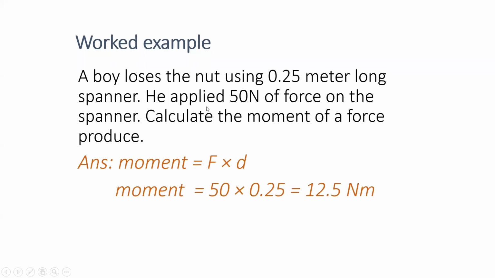That is force multiplied by distance, 50 times 0.25, which is equal to 12.5 Newton meter. If the length is in meters, then the answer will be in Newton meter. If the length is in centimeters, then our final answer will be in Newton centimeter.